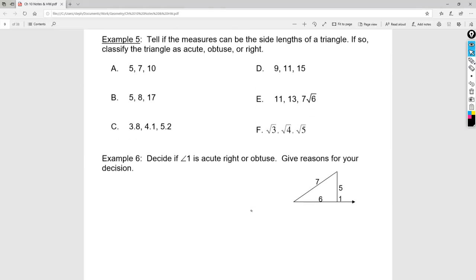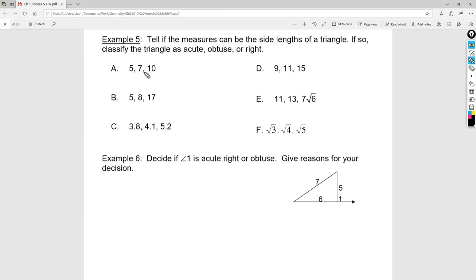So now they want me to determine if this can even make a triangle, and then if the triangle is acute, obtuse, or right. So again, I'm finding a squared plus b squared, I'm finding c squared, and then I'm determining from there.